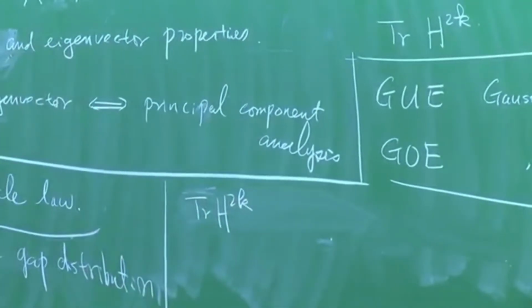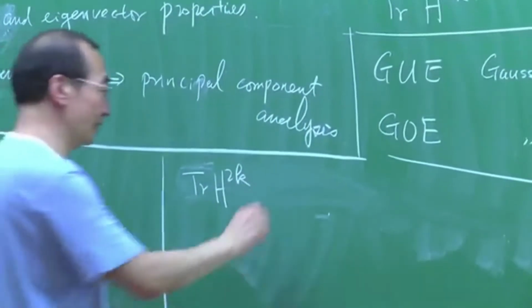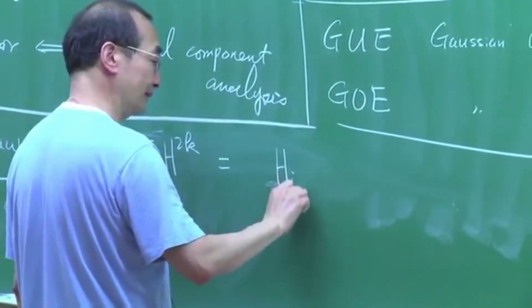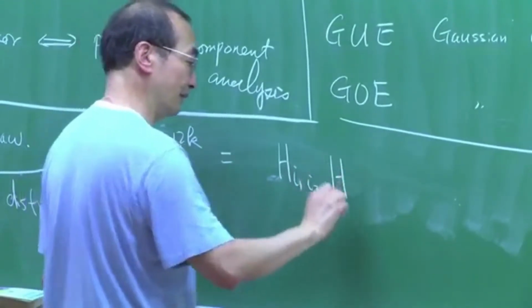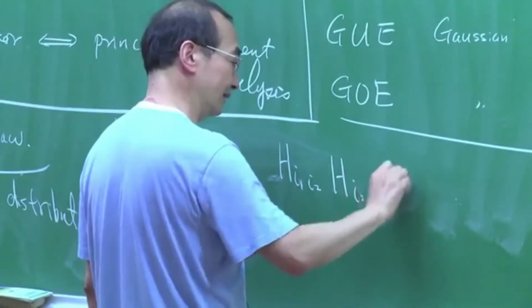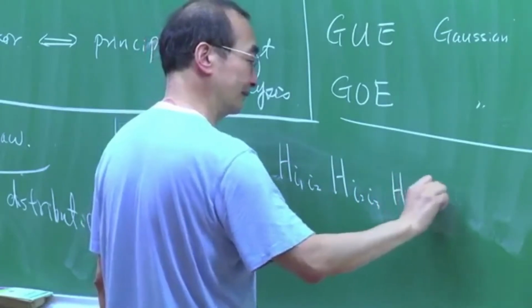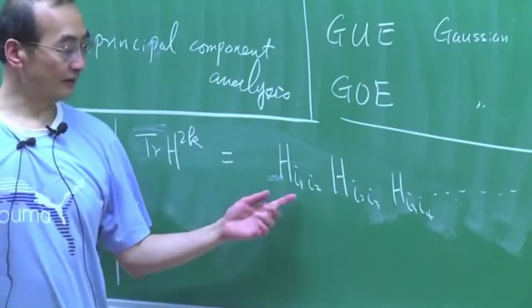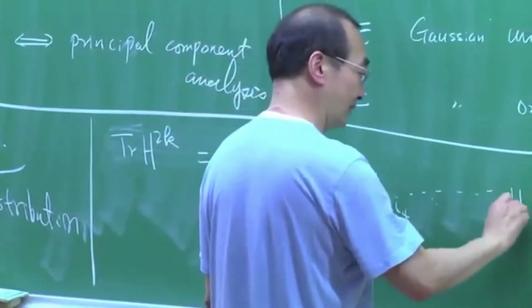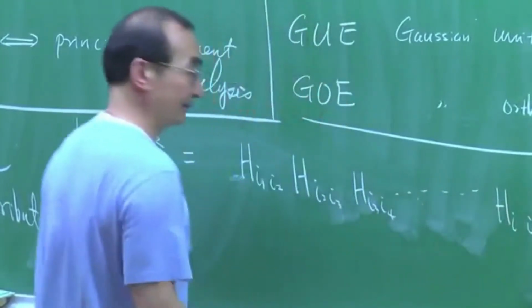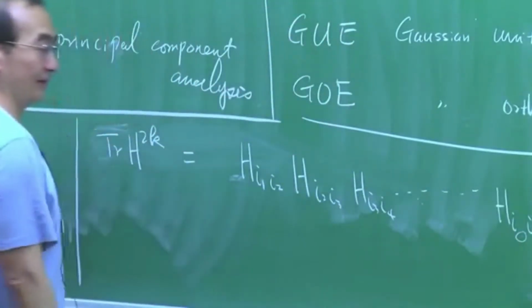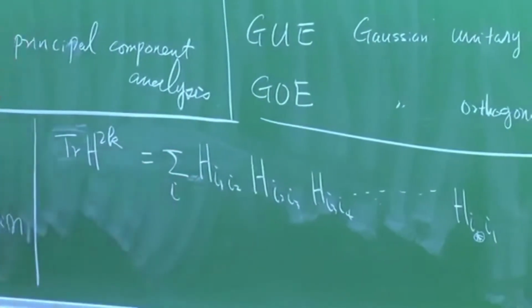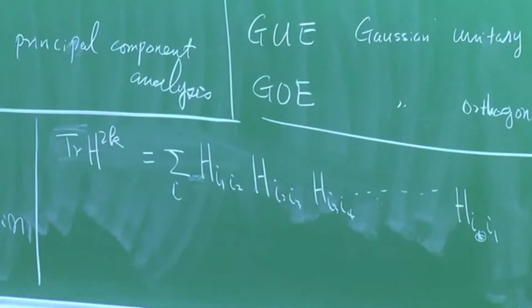The trace of H to the 2k is the sum of H_{i1 i2} H_{i2 i3} and so on, a lot of H's, ending with H_{i_{2k} i1}, summing over all these indices, and then I take expectation.